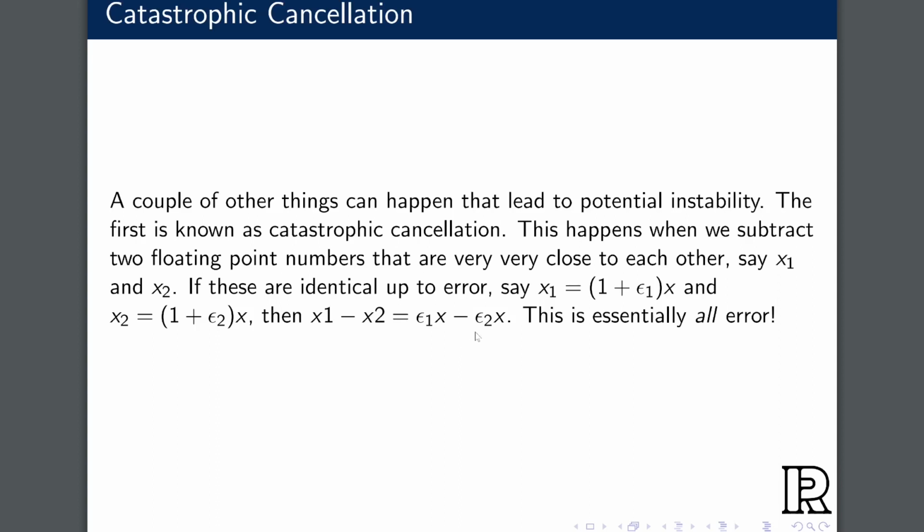But this is basically all error, error times x. This is called catastrophic cancellation, which happens when you subtract two numbers that are very close to each other, and it can lead to some issues. So if you're doing computations that require subtracting a lot of numbers that are very close, you have to worry about this.